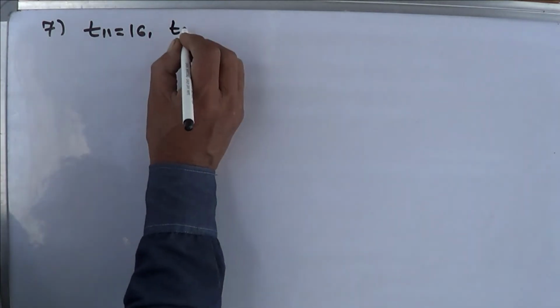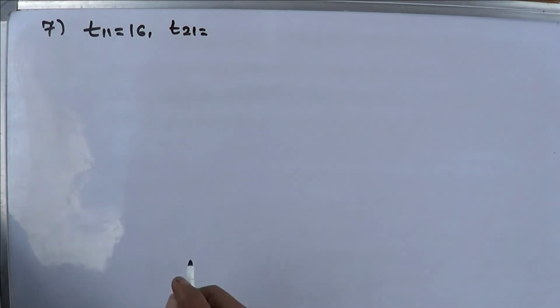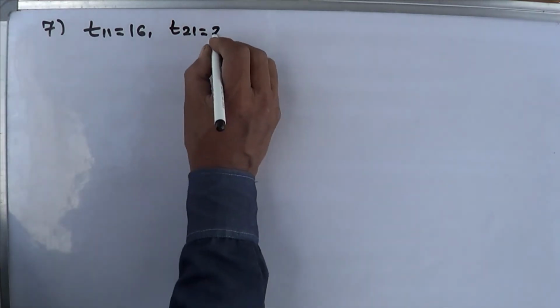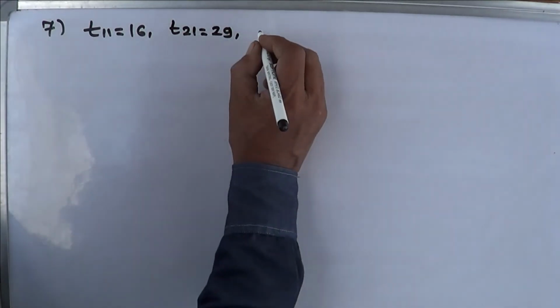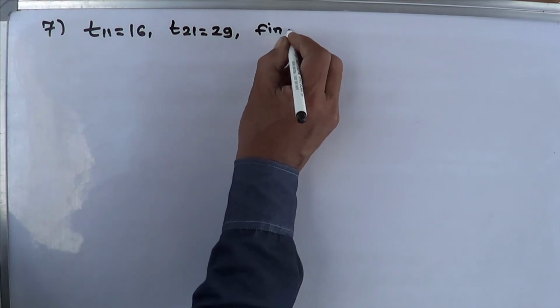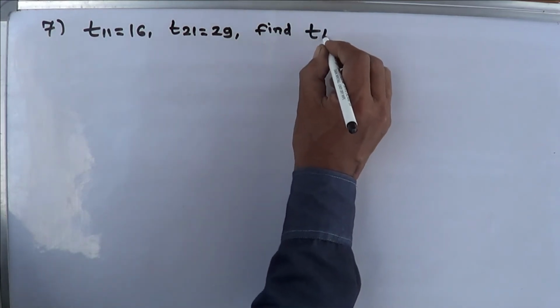Then the 21st term is given, T21, which is equal to 29, and we have to find out the 41st term. Find T41.